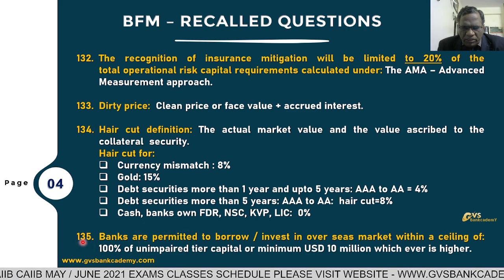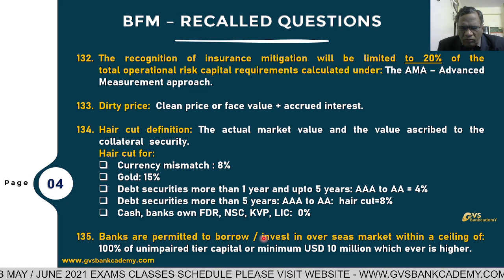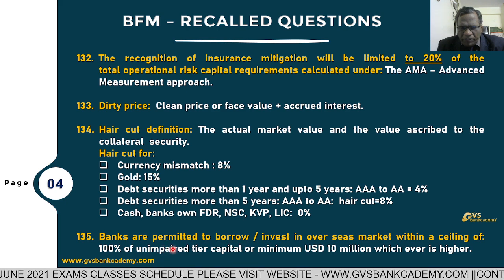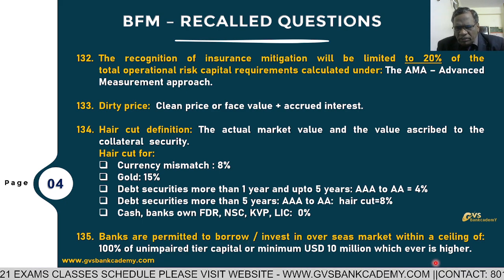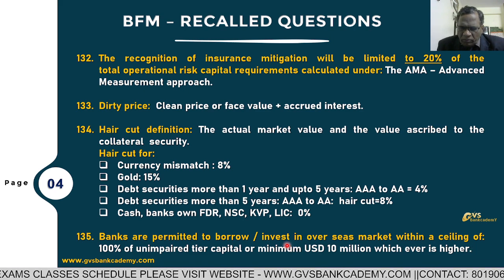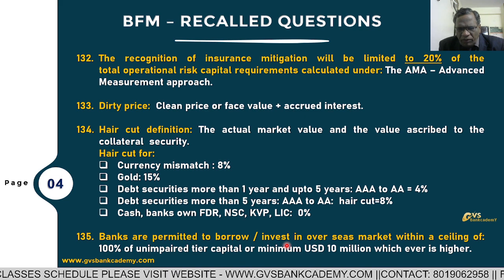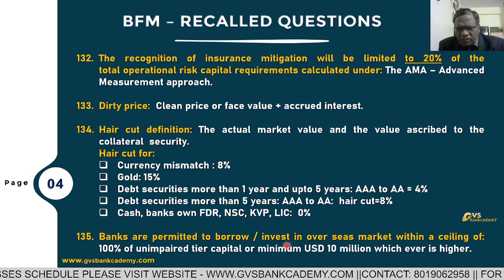Now, question number 135. Banks are permitted to borrow from overseas or to invest overseas. How much is the ceiling? If a bank needs foreign currency, it can borrow. If a bank has surplus funds, it can invest.